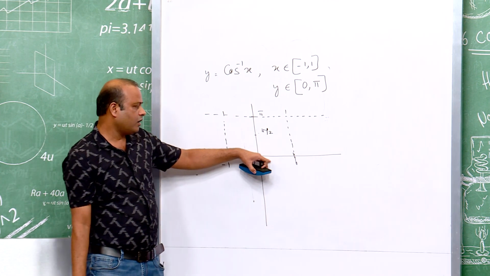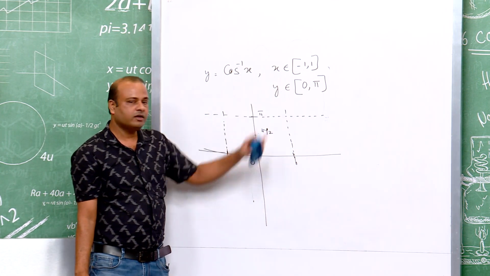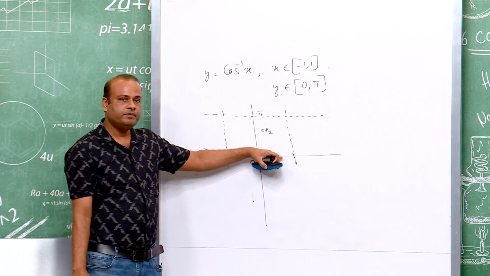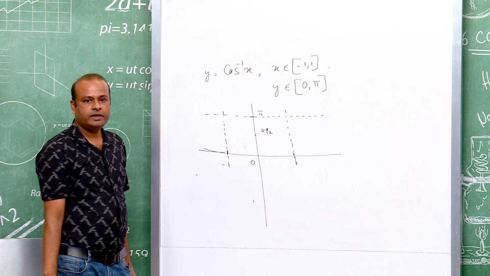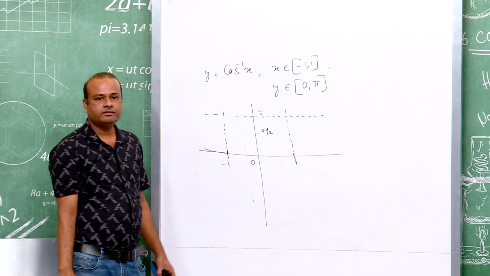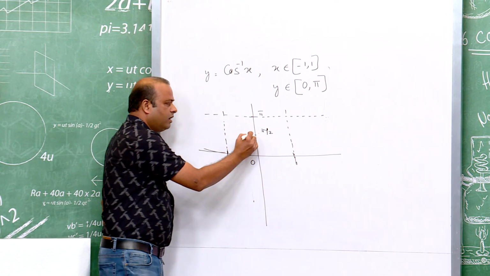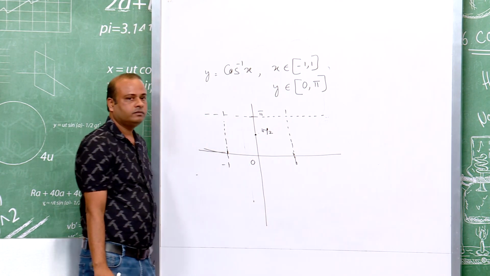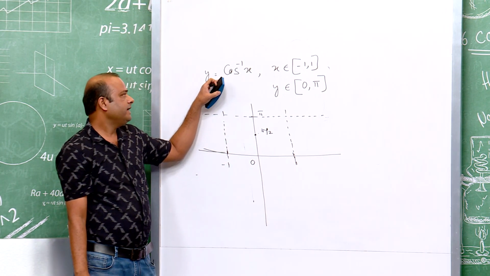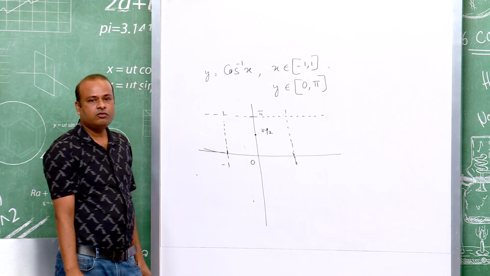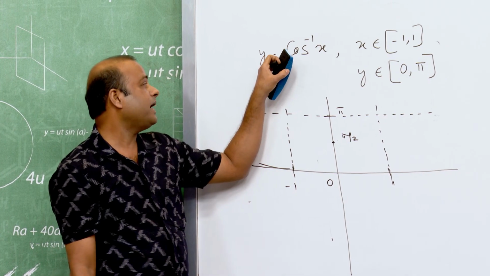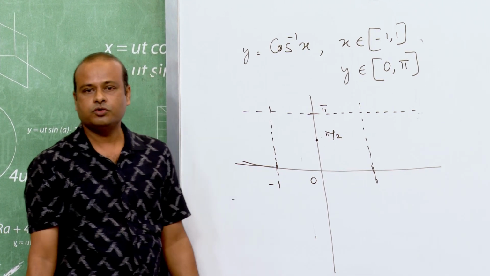So, no part of the curve, as you know y is in the positive 0 to pi, lies below x axis, because y will be negative, but y cannot be negative. So, here at pi by 2, for y equal to pi by 2, x takes the value 0.